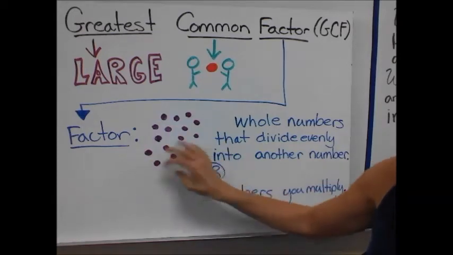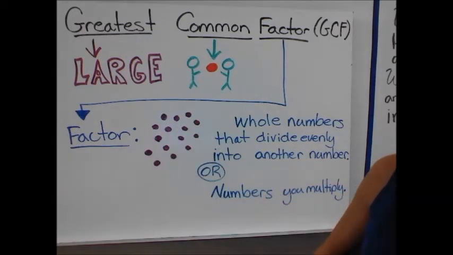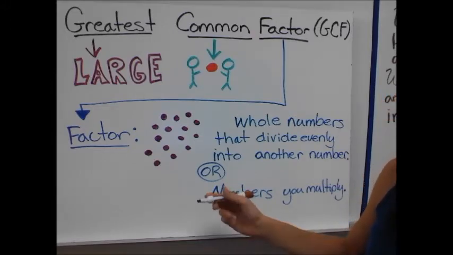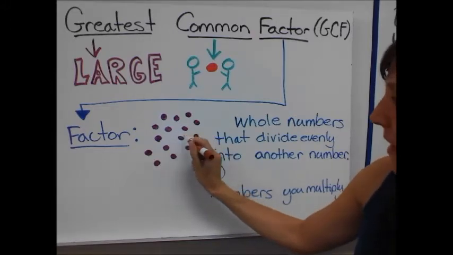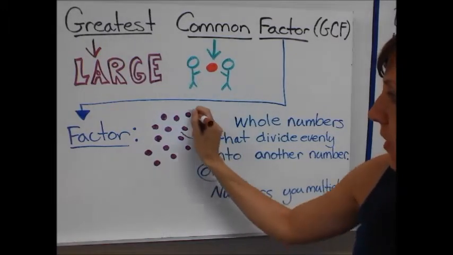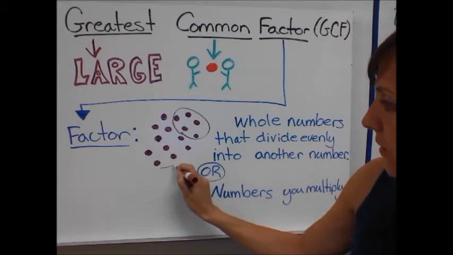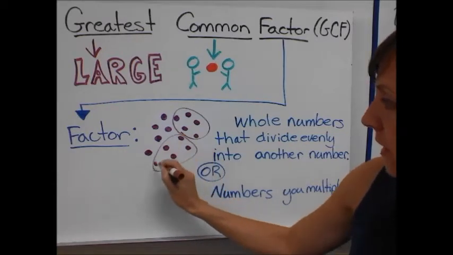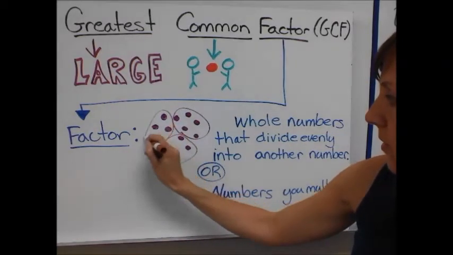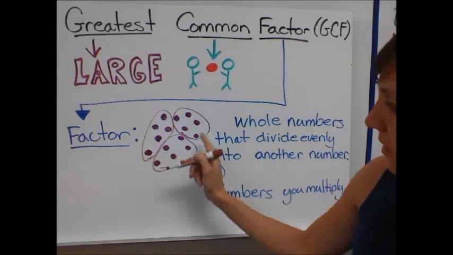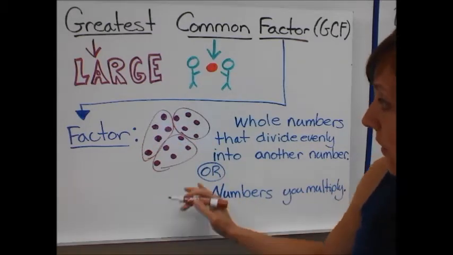So I put 15 gumballs right here. Let's divide them evenly. I can make groups of 5 gumballs. So I have 5 there, 5 here, and I can make a group right here. That's 3 groups of 5.